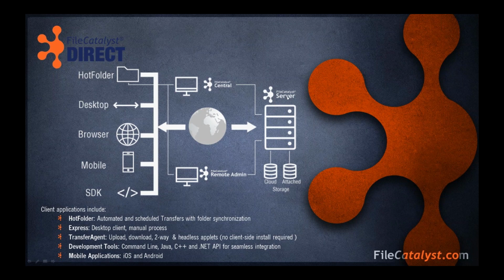And the FileCatalyst server will have users and will connect those users to specific folders on your storage. Or it could also connect to storage in the cloud. And once it's connected to the cloud, then you can move data, of course, to the cloud instead of to your local storage. And of course, you don't even need a storage. You could just use a local hard drive. In case of the simpler deployments, we can do that as well.